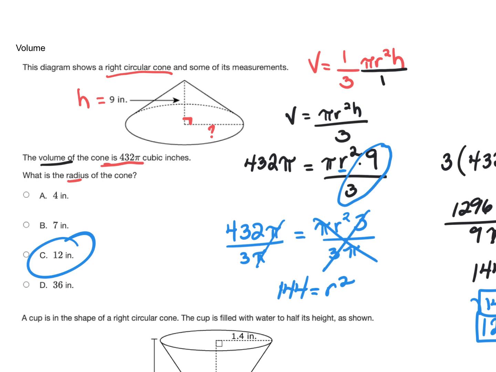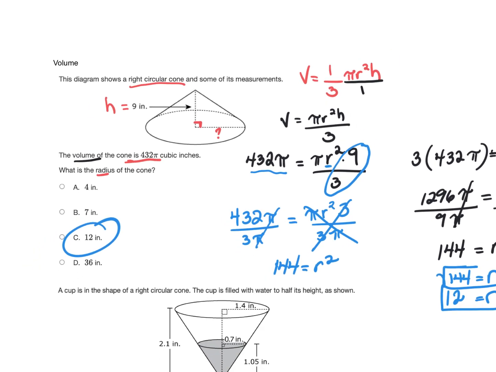So this one's a little different. Still using the volume formula, but instead of calculating the volume, we filled in the value of the volume, and we solved for r instead. A little tricky, but not too bad.